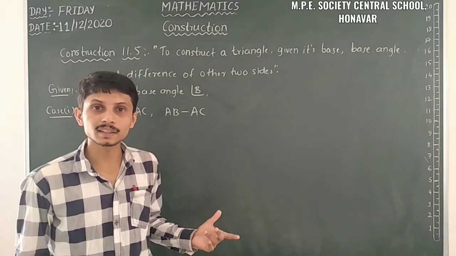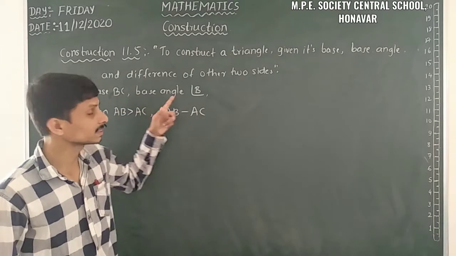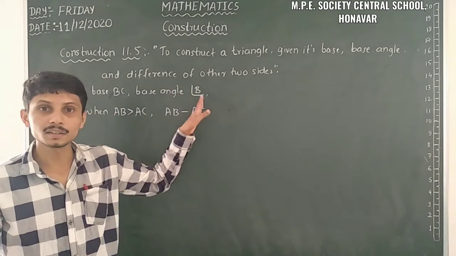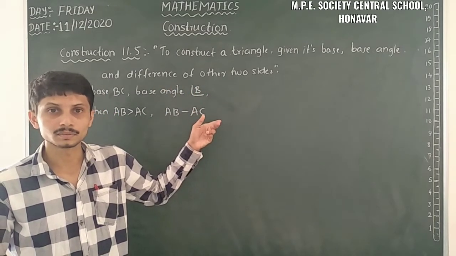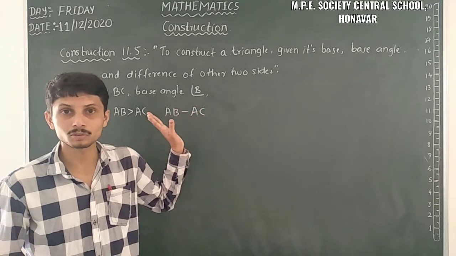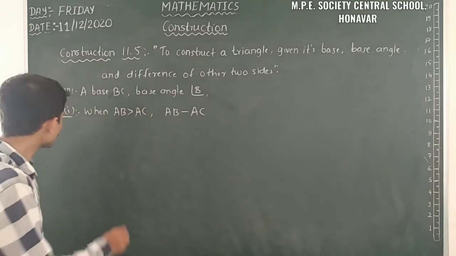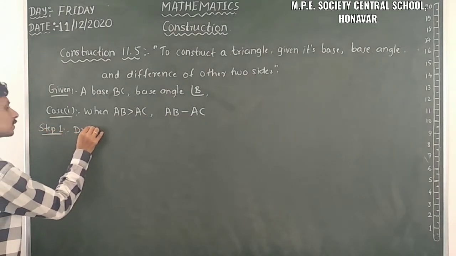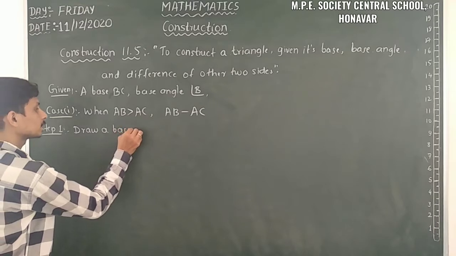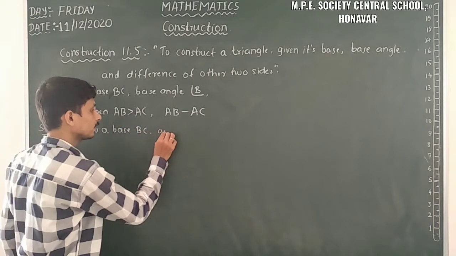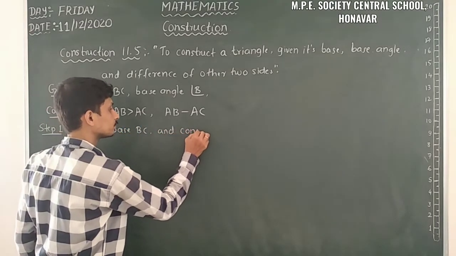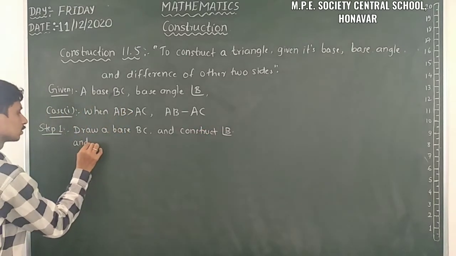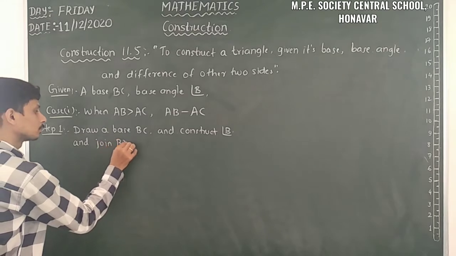Let us take the steps. Already we have the base angle. When we have the base, we have to construct the base here, and when we have the base angle, angle B, we have to construct that angle. So step one: draw a base BC and construct angle B, and join BX.